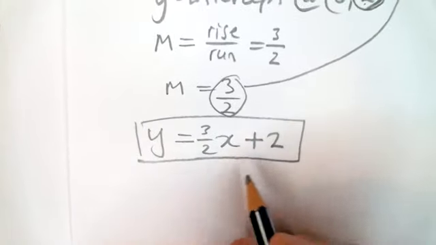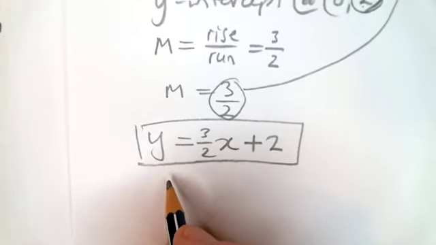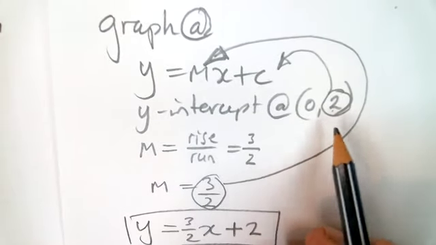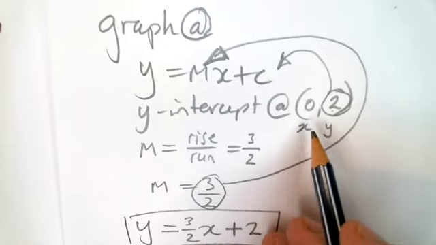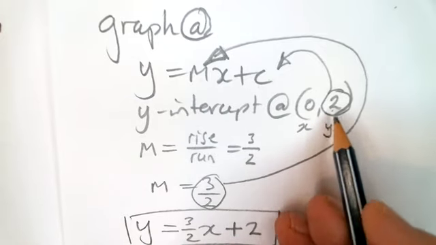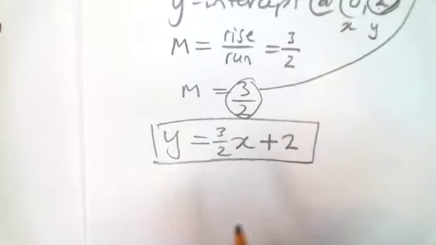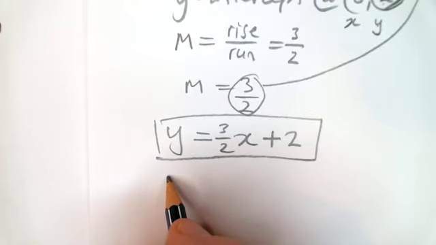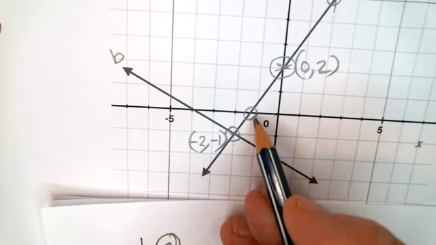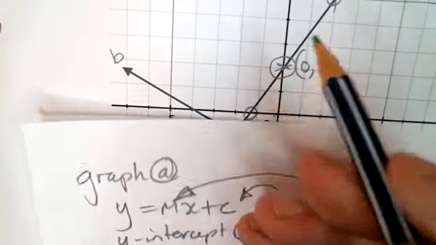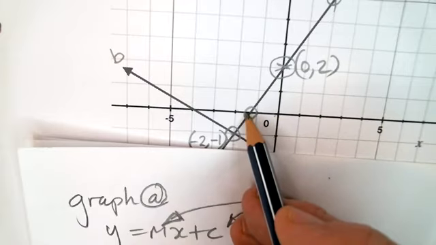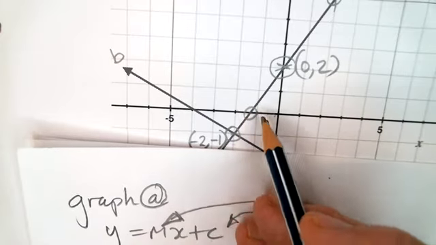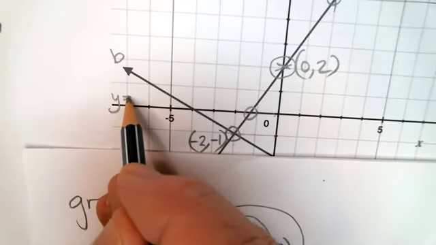To find the x-intercept, we make y equal to 0, because this is the y equals 0 line.